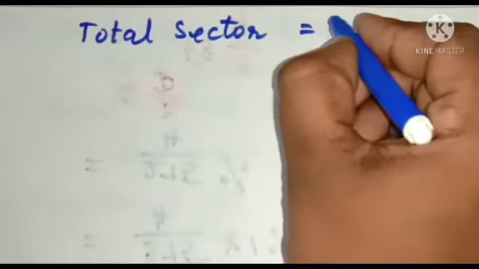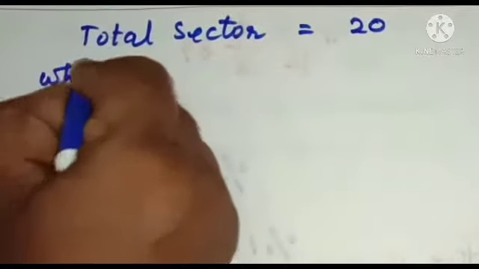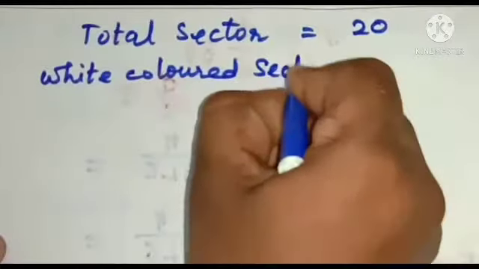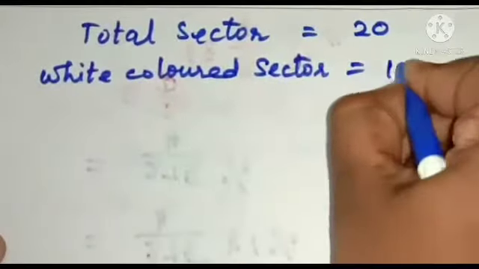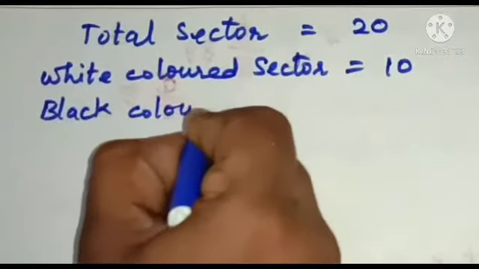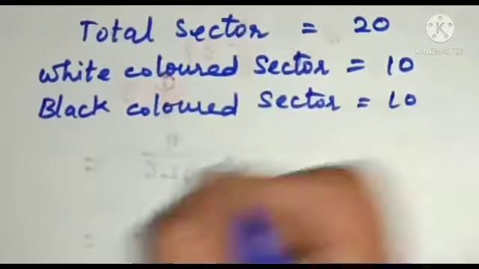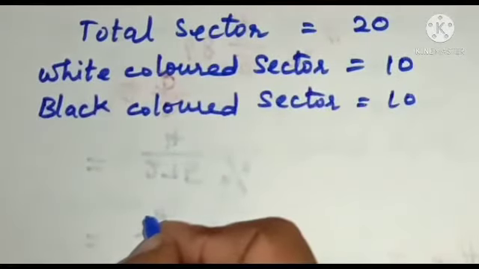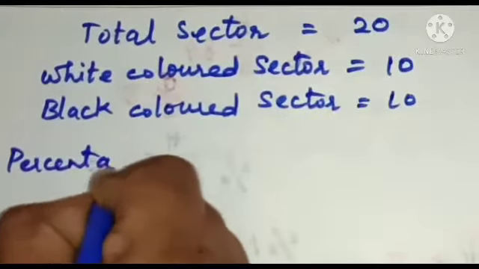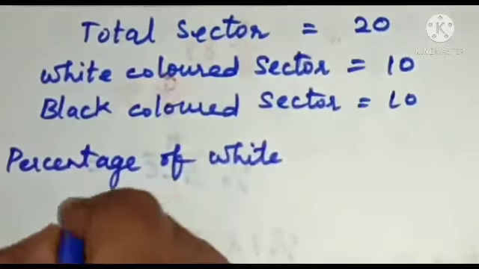And here total sectors are 20. White colored sectors are 10 and black colored sectors are equal to 10. So now let us find the percentage of white colored sectors.